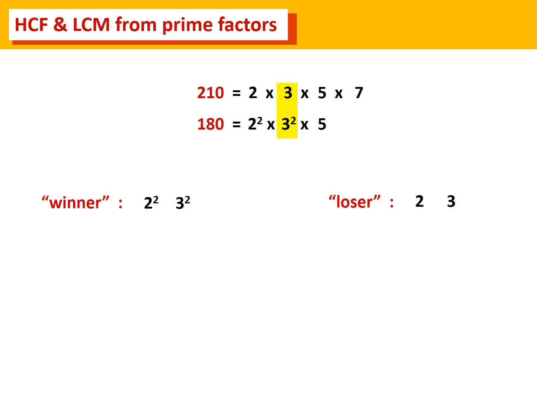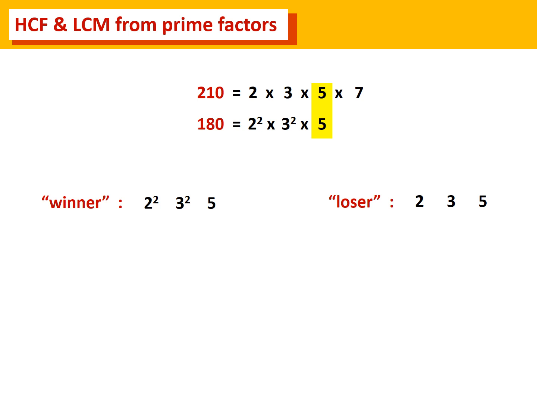We move on to our next prime factor, which is 5. Now we can see we've got a 5 both in 210 and 180, so we call that a draw. So when it's a draw, as it were, both of them are winners and losers.